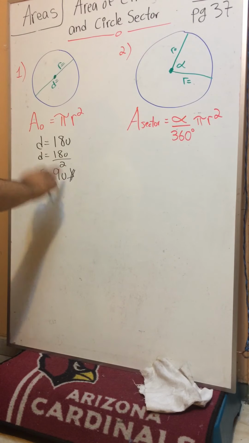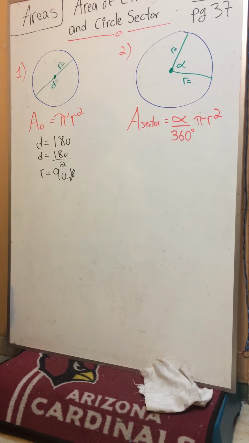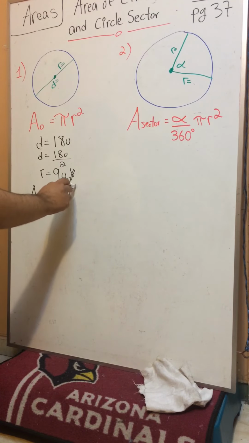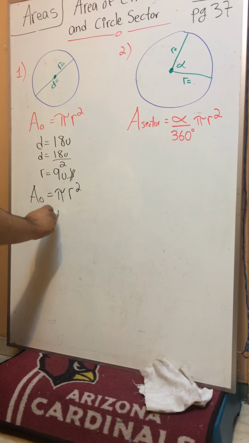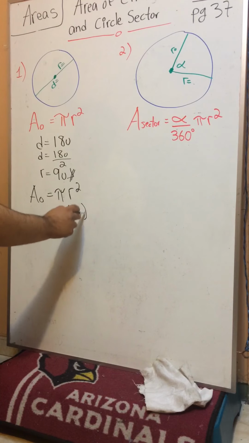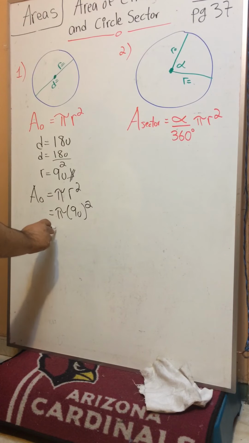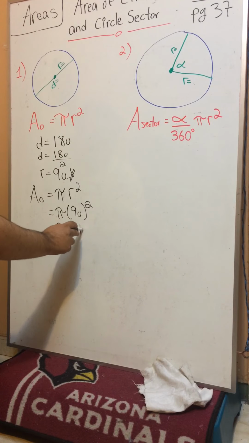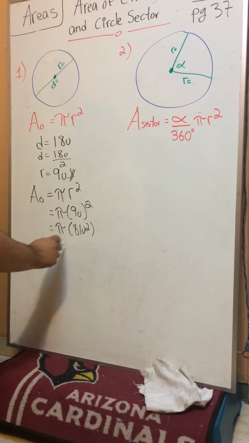And now we can apply the radius into the formula. So the area of the circle is going to be pi r squared. So it would be pi times 9 units squared. And always remember, since we're talking about area, we're talking about units squared.